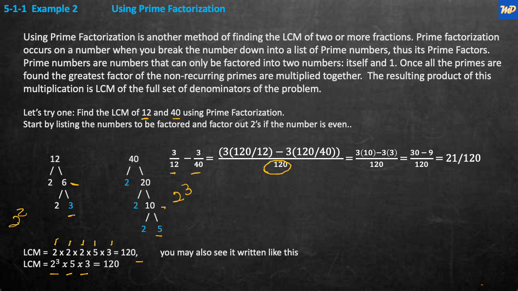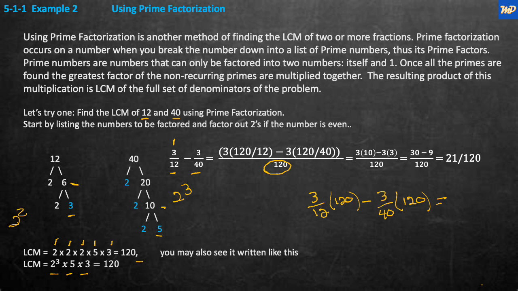But the numerator, we're going to take the numerator, the 3, and multiply it by the new denominator, 120, and then divide it by the denominator that was existing. So in other words, it's 3/12 times 120 minus 3/40 times 120.